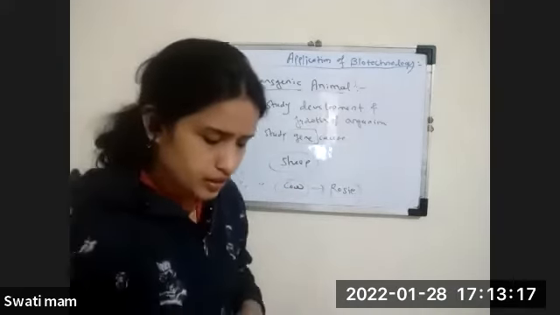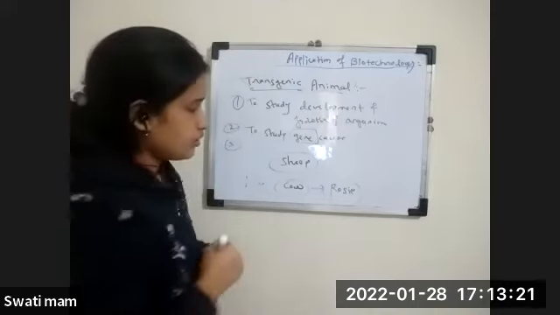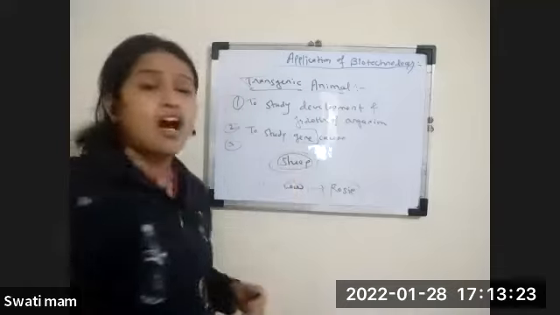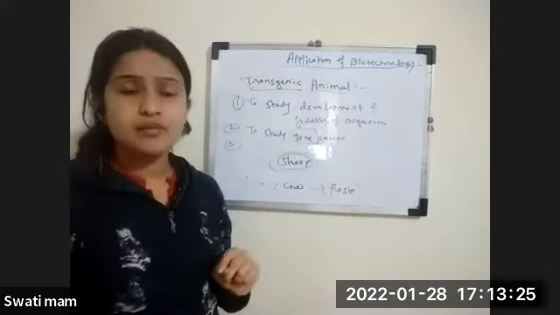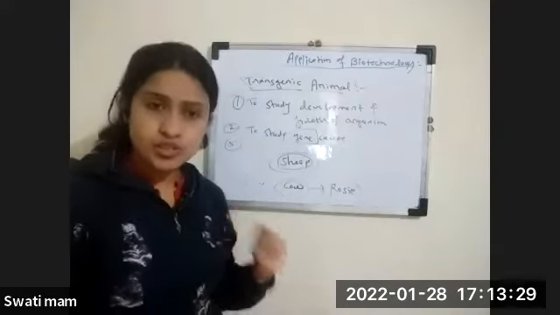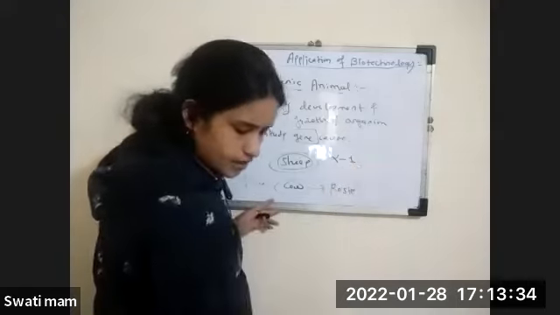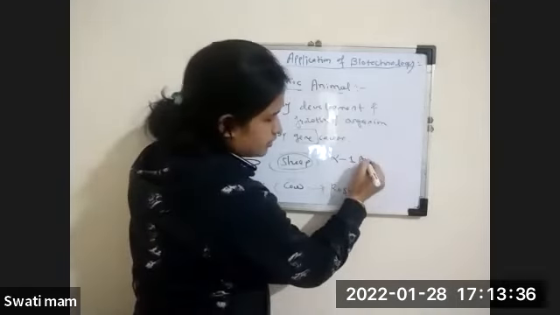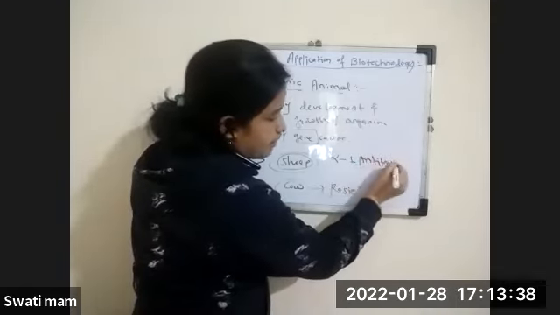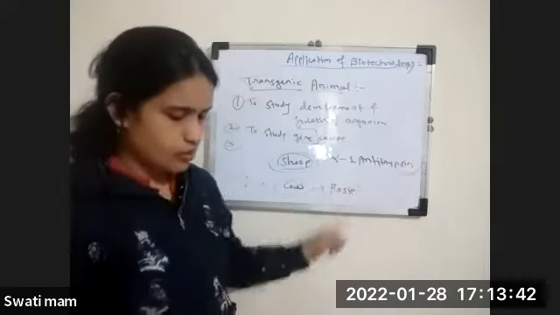So see, why are these sheep used as transgenic animals? Because the sheep has the presence of a gene, and that gene is alpha 1 antitrypsin.